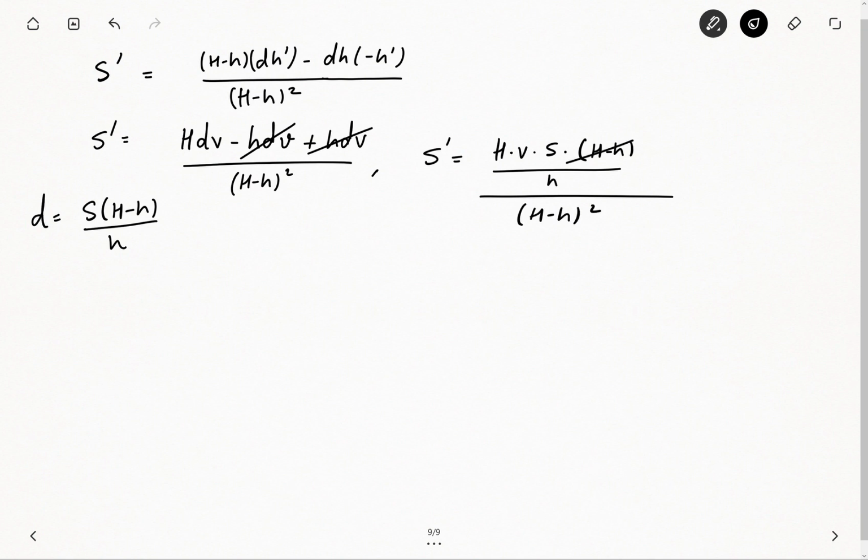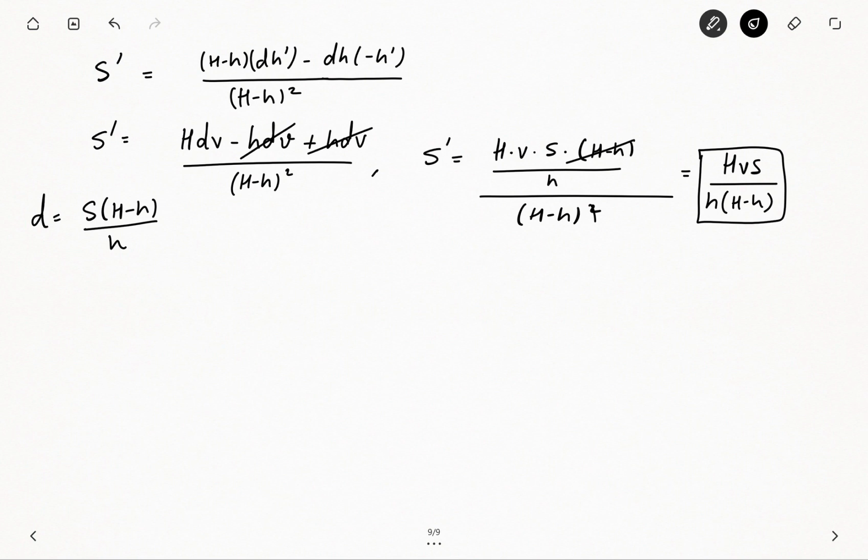So what you can do is cancel this out, cancel that out, and reduce this expression to something much easier to solve. So it's going to be HVS over H times capital H minus h. So this is the answer for the first part of the problem, where you have it all in terms of capital H, V, and S.